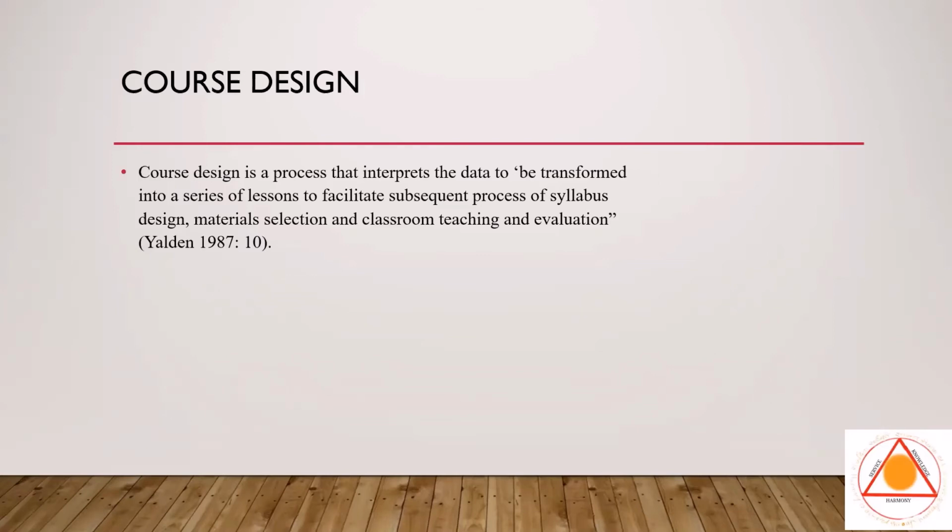So whatever I'm delivering as a package can be considered a course design, a series of lessons to facilitate the subsequent process of syllabus design and material selection. If my students are weak in articles, I will choose all the material related to articles, subject-verb agreement, concord, active and passive voice. Again, I forgot the fourth one.